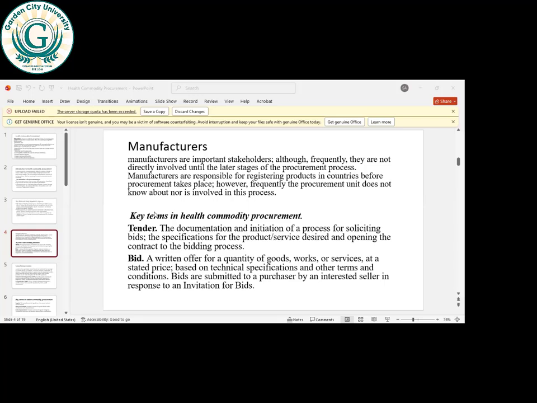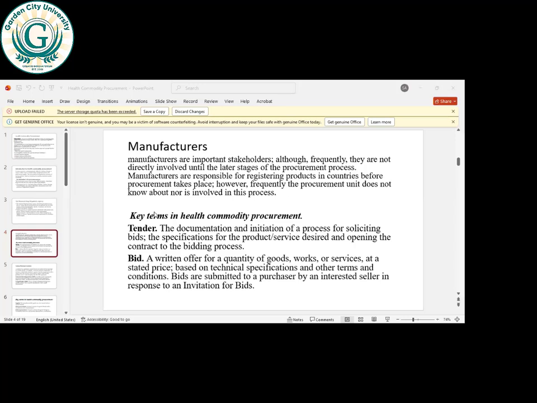So here, it's a documentation and initiation. You prepare a document, you define the product, you give the specifications, and then everything you want the seller to do, then you put it out there.